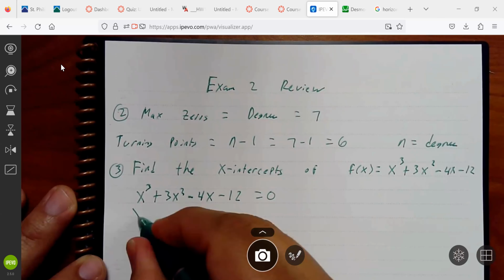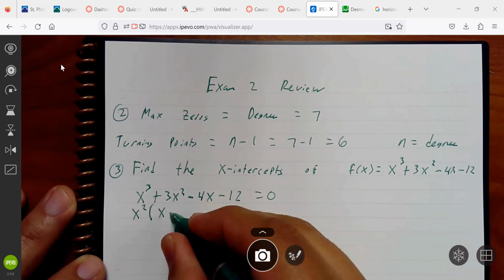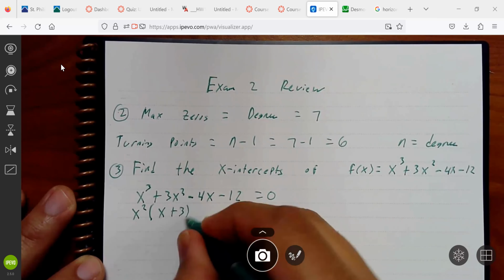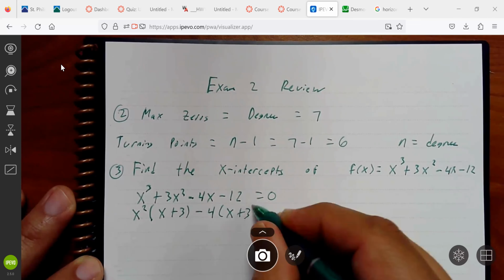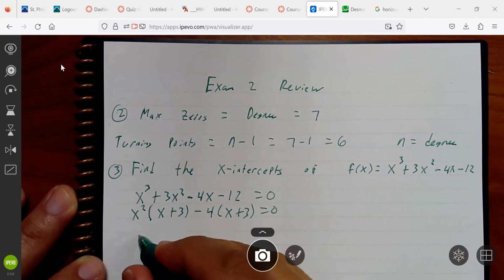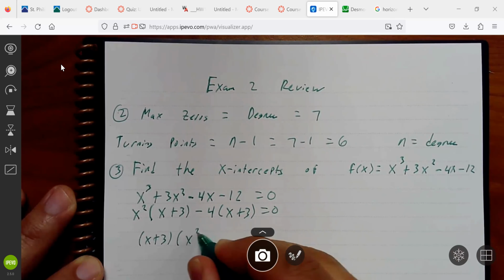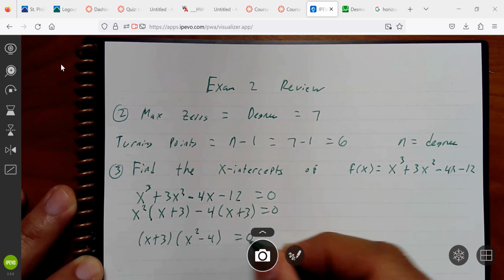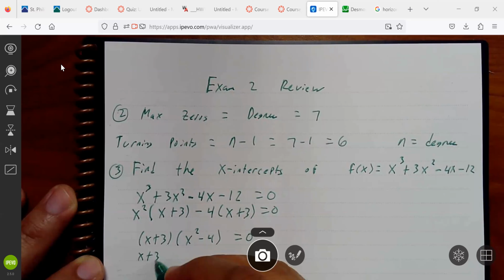Factor x squared. So that'll be x plus 3. Factor -4, that'll be x plus 3. Yeah, it looks like good factors, no problem. Factor x plus 3, and we get x squared minus 4 equal to 0. So set each one to 0.